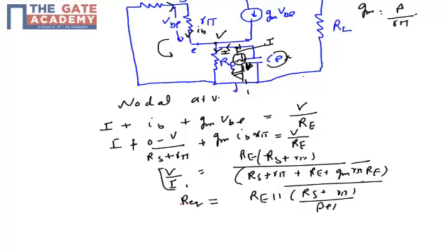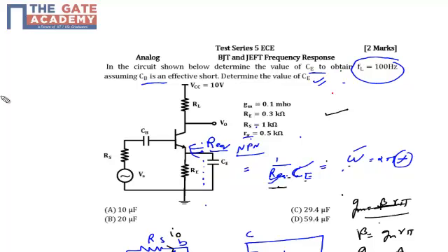So let's put the values of RE, Rs, r pi and beta plus 1. If you put the values of all these variables, you will get the R equivalent as 26.8 ohms. Now you need to find the C, where this combination is equal to the cutoff frequency, which is 2 pi into 100.